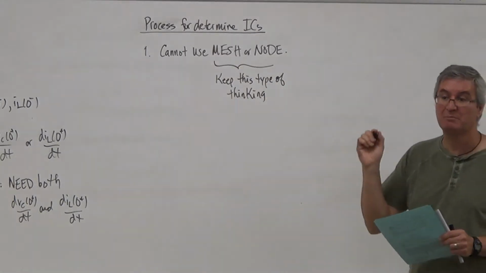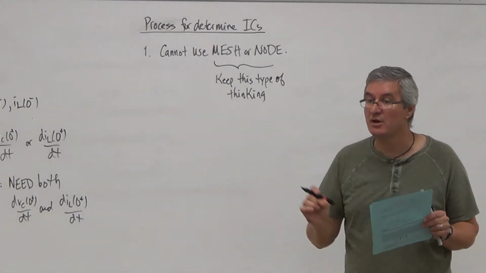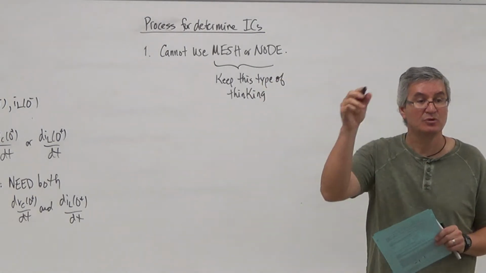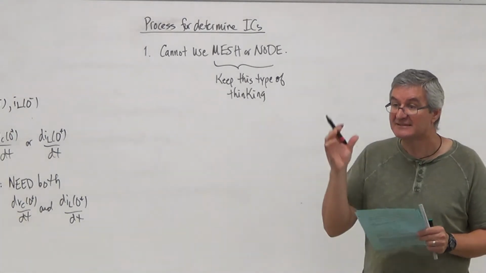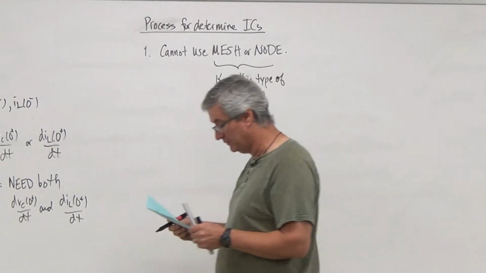Super, super, super important. If you're lost, draw in the nodes. Look for circles or paths or loops that make sense in how you apply KVL. It's that kind of thinking that really helps you here.